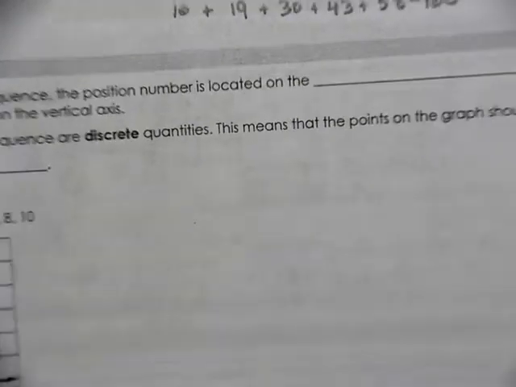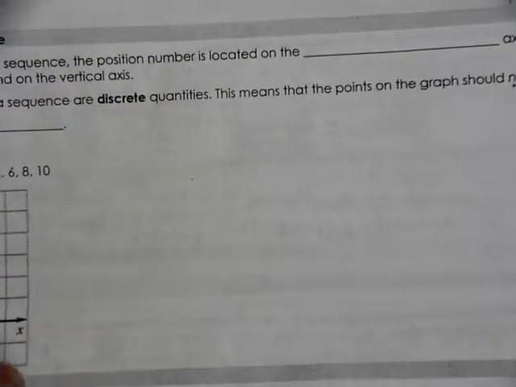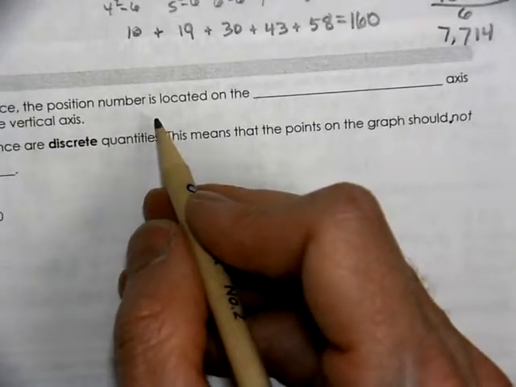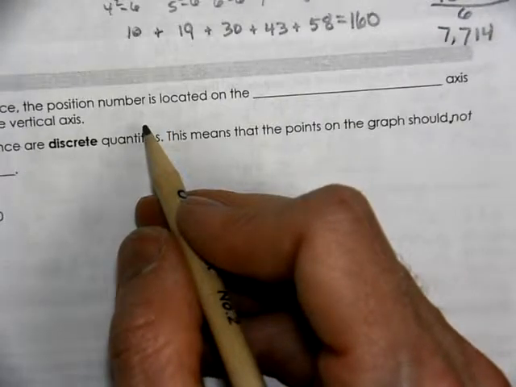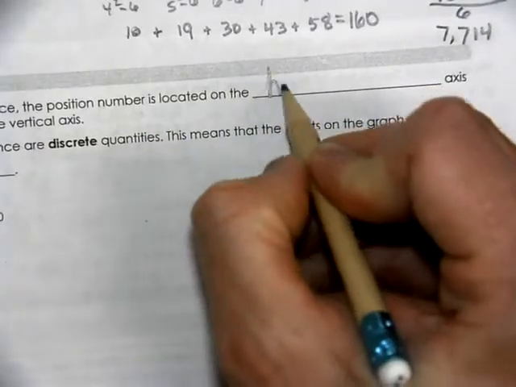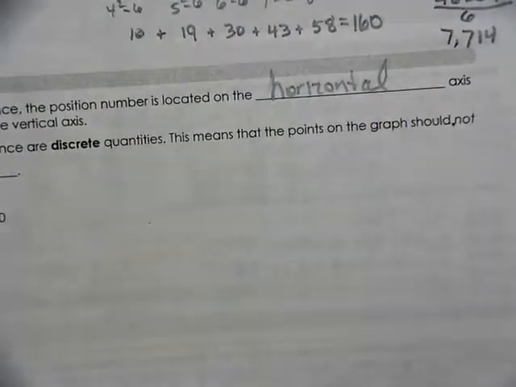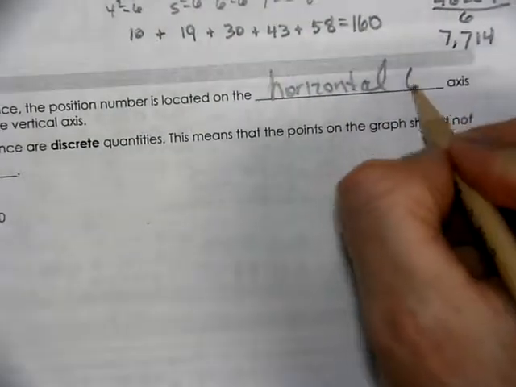The last idea here is graphing. When graphing terms in a sequence, the position is located on the horizontal axis, which is our x-axis.